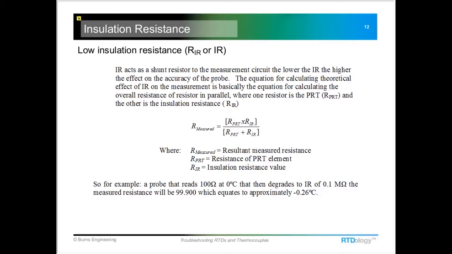Our example takes an insulation resistance of 0.1 meg-ohms, and that equates to about 0.26 degrees C lower than actual temperature. So it really needs to get down there before you see anything significant, but it is a pretty important first step when you're verifying the function of the probe.